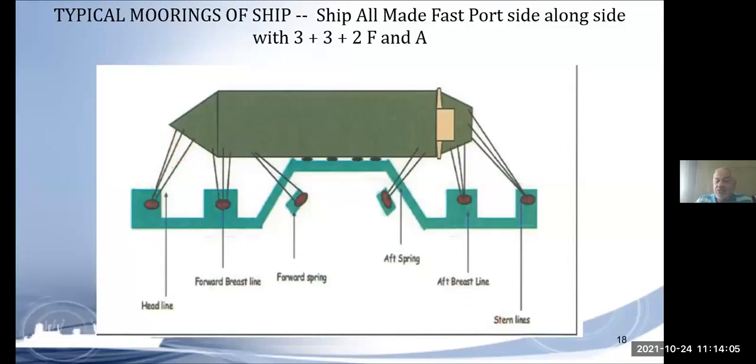The forward lines which are given are called headlines. Then the next lines which are given here are called breast lines, breast ropes. So 1, 2, 3, these are breast ropes. These are headlines, and these are the springs. These are the spring lines, though actually they are not made up of spring or something.